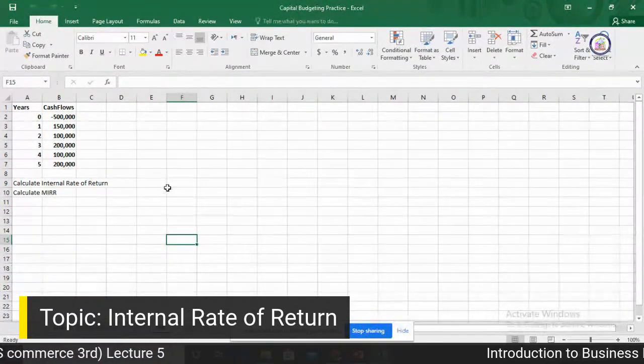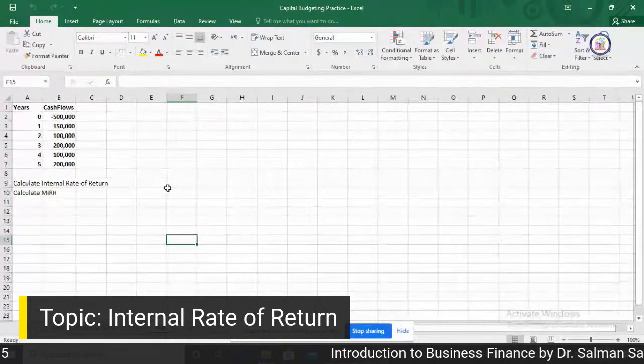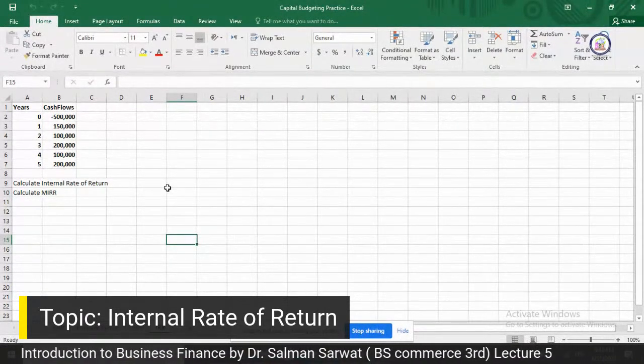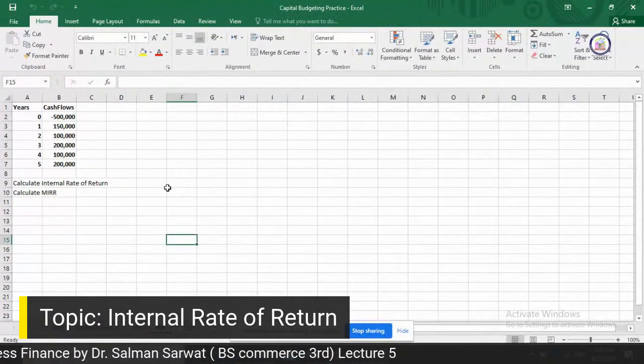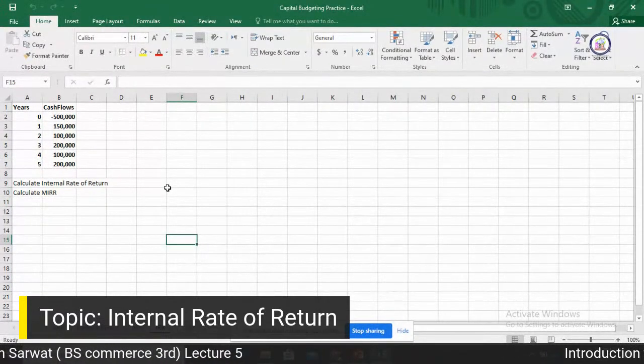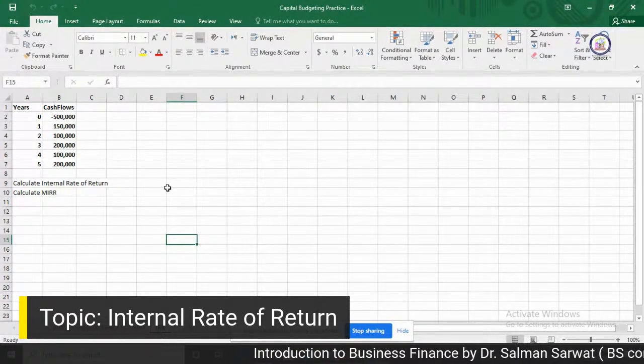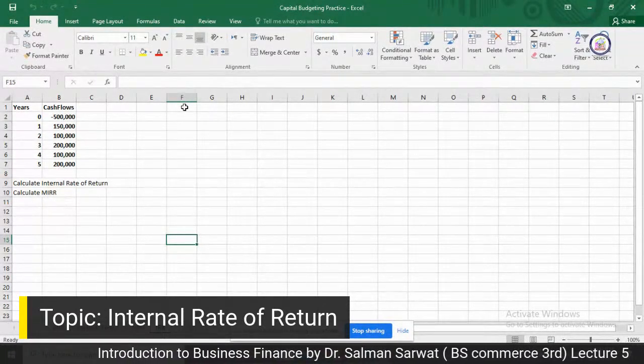Here you can see I have written some figures in this Excel sheet. So here we are supposed to calculate internal rate of return first, IRR.